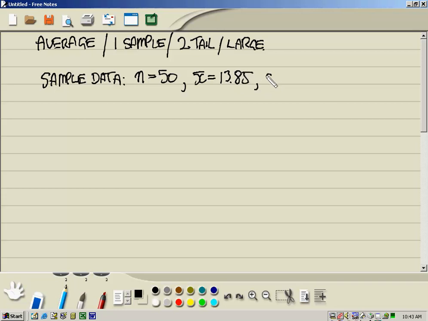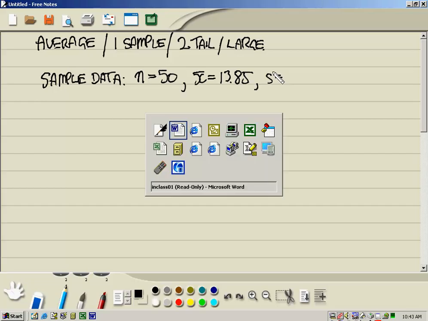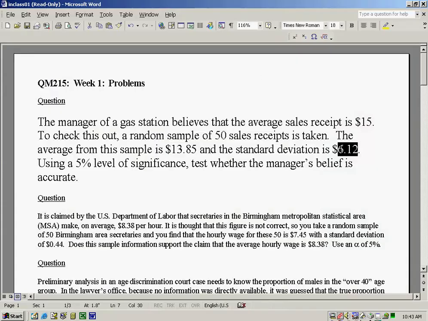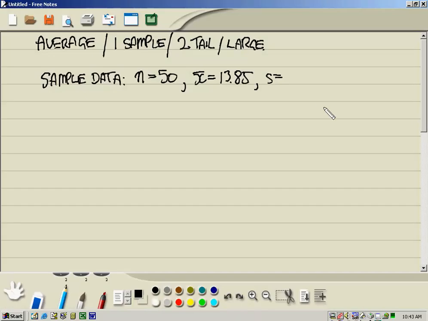That's for the sample average, and the sample standard deviation was $6.12. We're going to do this test with an alpha of 5%. So right now we're going to do the test. I'm going to include some notation that in the long run we'll leave off, just to tell you what we're doing.